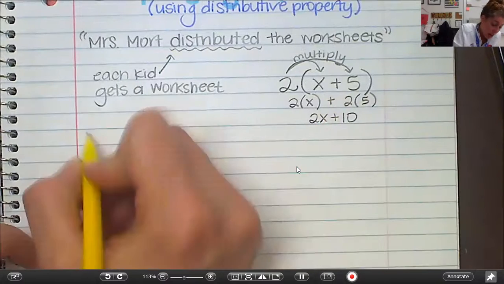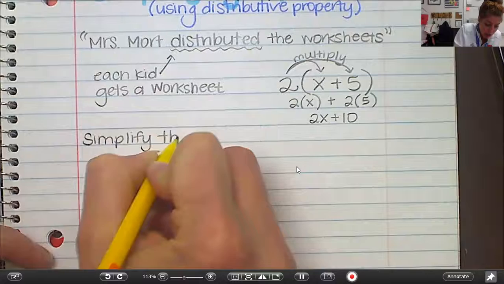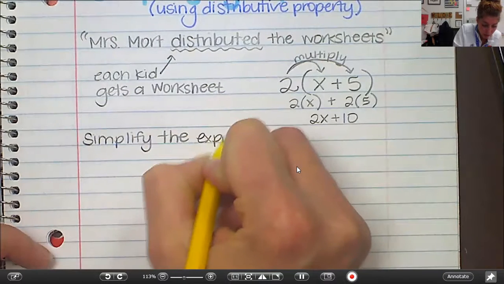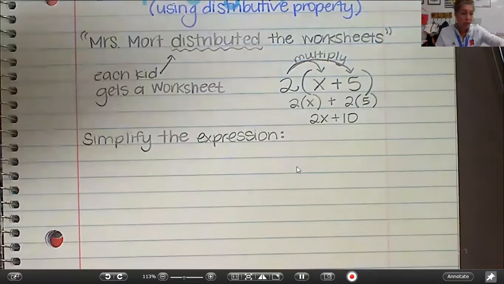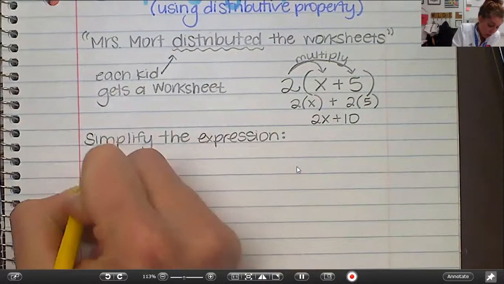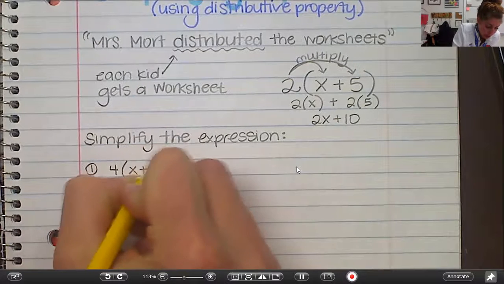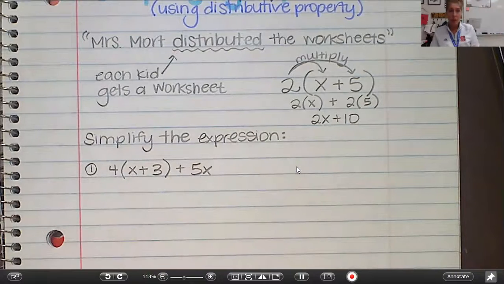Again, the directions are most likely going to say to simplify the expression. Okay, all right. Let's start with 4 times the quantity x plus 3, close parentheses, plus 5x. Okay, so when you see a problem like this, we do need to distribute that 4, but remember I said we're only distributing to the numbers inside of the parentheses.